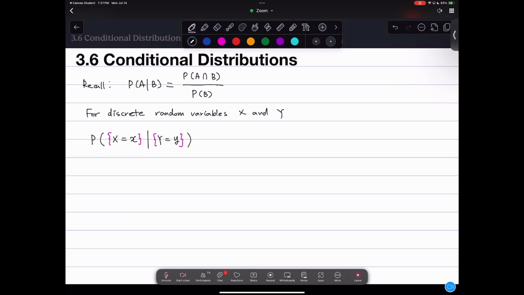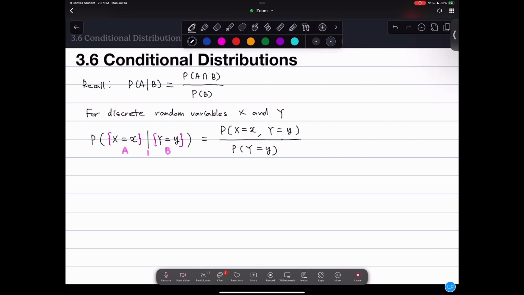So that I know what it means by event A, and think of it as my B event, like this, A given B. We are trying to get the probability of the denominator, y equals some number y, and the numerator must be the intersection of the two: the probability that x equals small x and y equals small y.